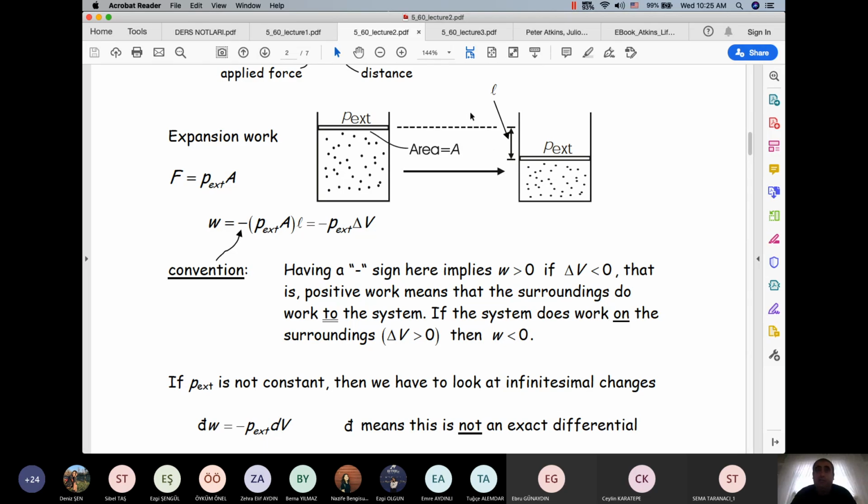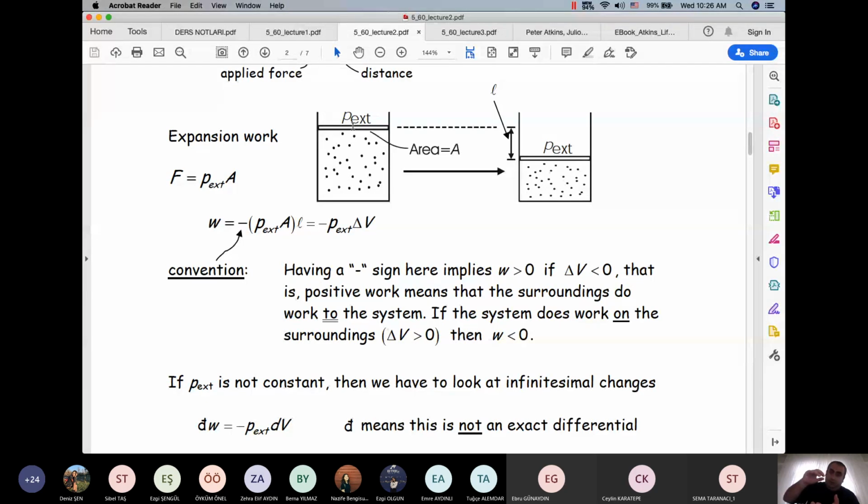What's also important is that if you are doing compression, the external pressure must be more than the system's pressure so that the system compresses. If the system's pressure is more than the external pressure, the system expands.